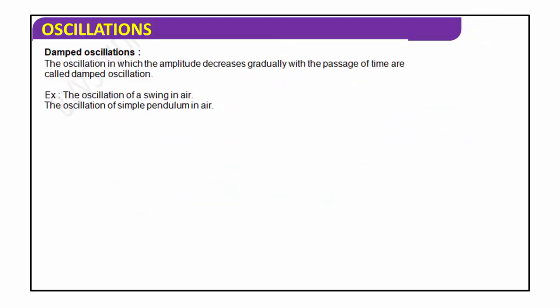Then the next kind of oscillation is damped oscillation. It means the oscillation in which the amplitude decreases gradually. Here amplitude means the maximum displacement of the wave from its mean position, or maximum displacement of the particle from its mean position.